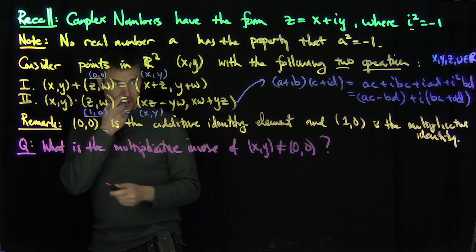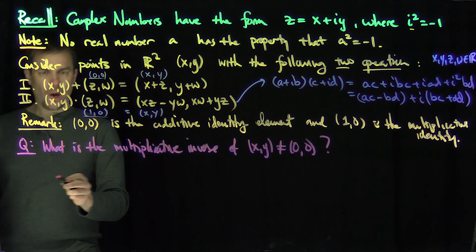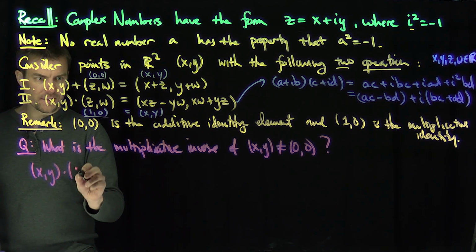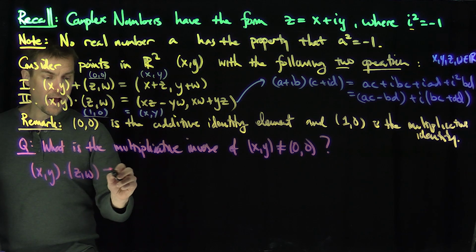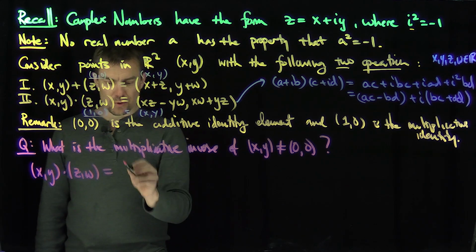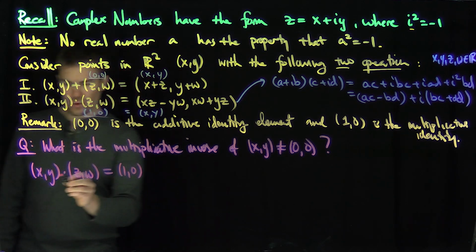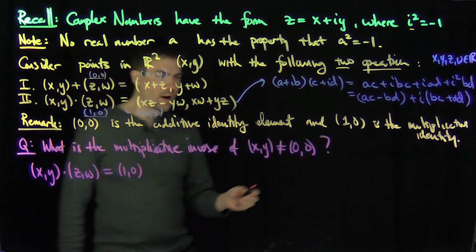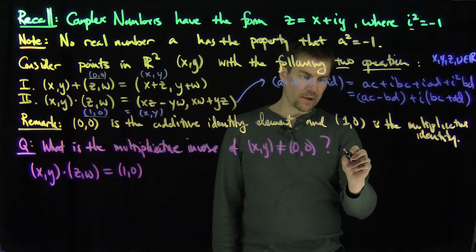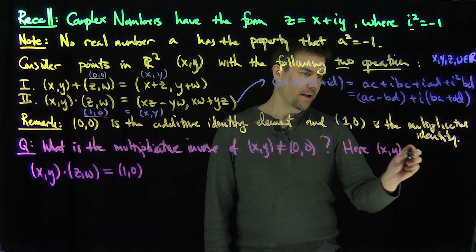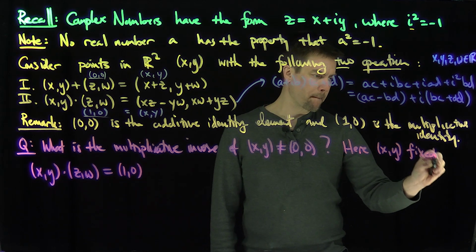Okay, how did you figure this out? Well, what do I want? I would like (x, y) times a point (z, w) to be the identity, right? And the identity we know is (1, 0). And so what's that going to correspond to? That's two equations, two unknowns. Of course, over here, I'm assuming that (x, y) is fixed, right? So here, (x, y) is fixed. Beautiful.